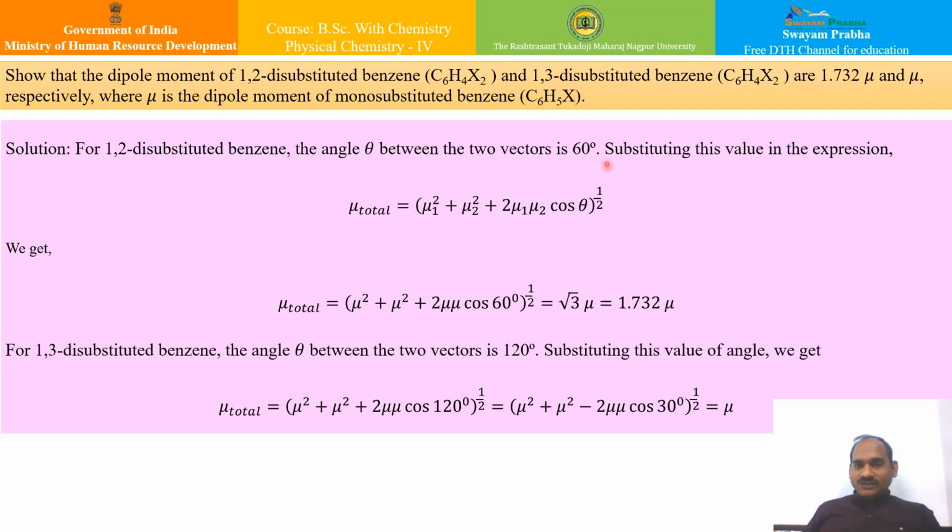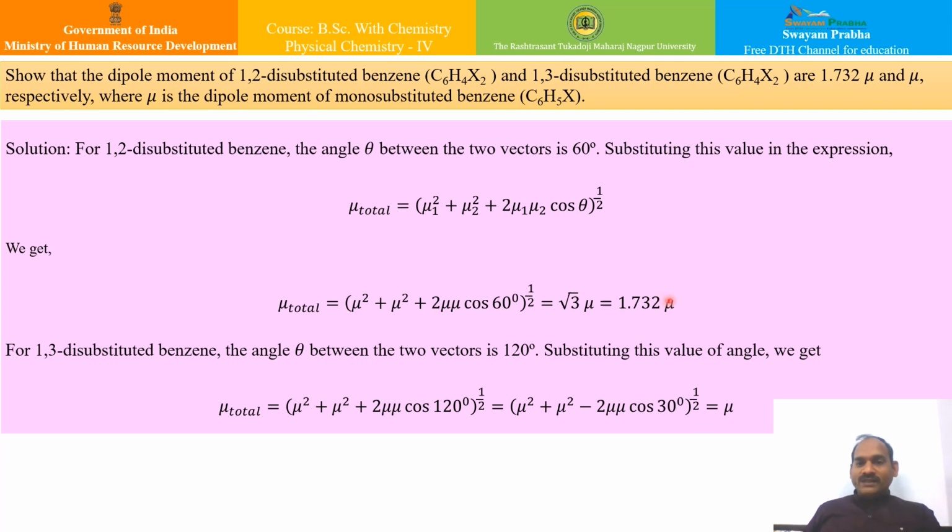So if I substitute this value into the resultant dipole moment formula, that is mu total is equal to (mu1 square plus mu2 square plus 2 mu1 mu2 cos theta) to the power half, I can get the result. So the total dipole moment will be square root of 3 mu, that is nothing but 1.732 mu, correct?